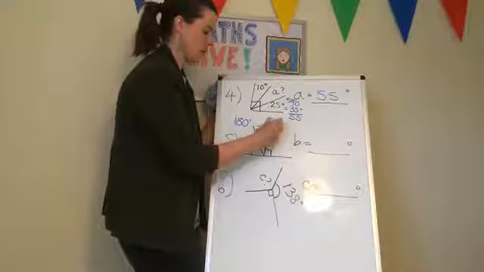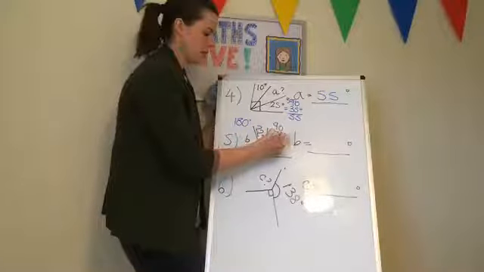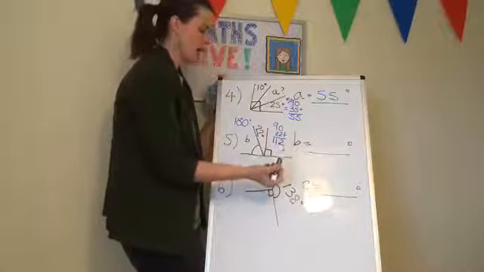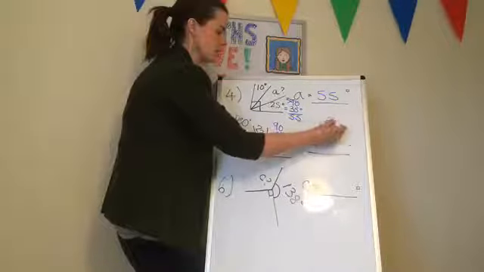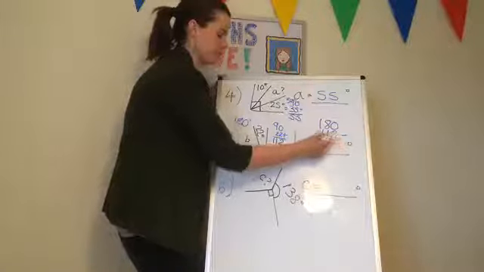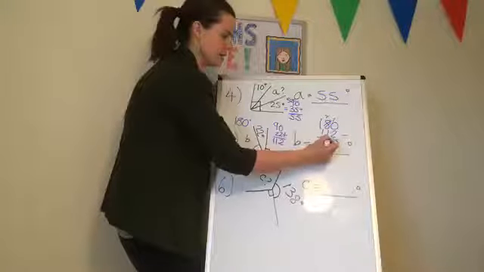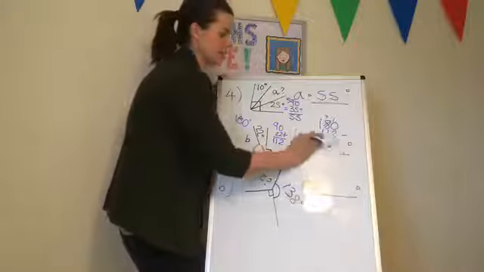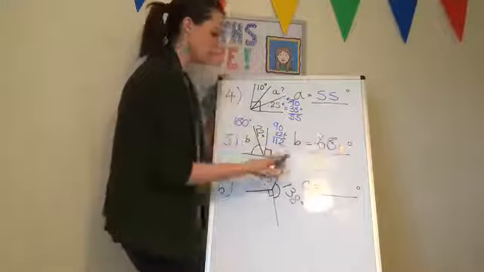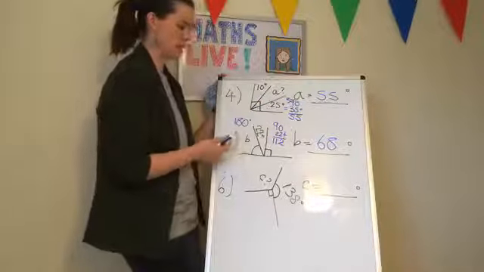So I'm going to do 90 plus 22, that's 112. And then 180, subtract 112, so 68 degrees. And I can check that because if I add 68, 22 and 90, it should make 180.